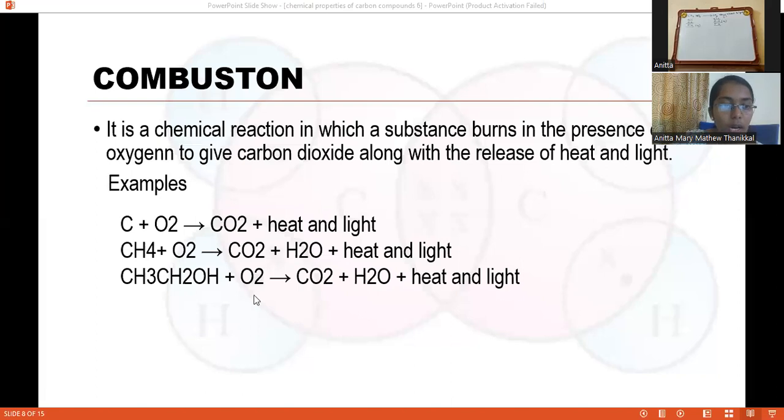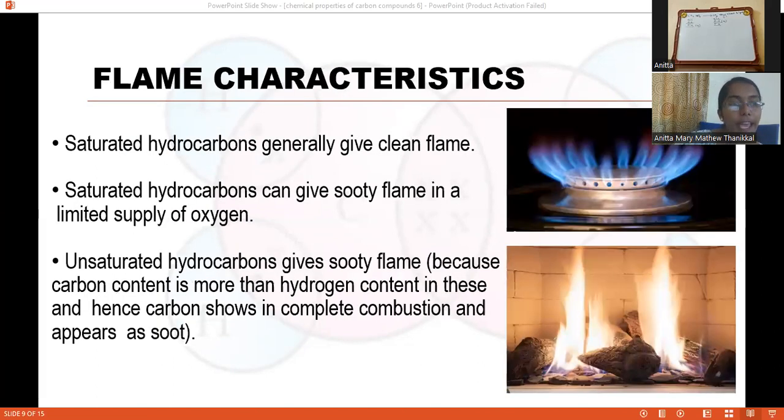Now, another example, CH3CH2OH. The reactant with oxygen gives carbon dioxide and water, with release of heat and light. Next, flame characters. We already studied that hydrocarbons are of two types, saturated and unsaturated. Saturated hydrocarbons give a clean flame, blue in color.